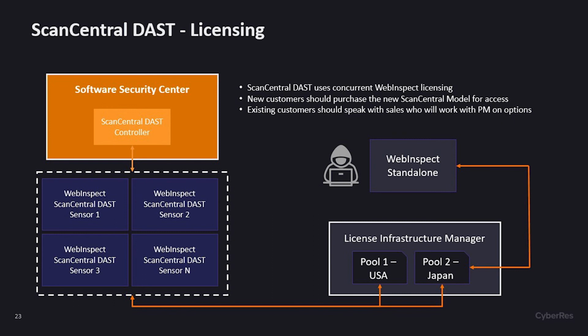You can be pulling a license from a license pool in the LIM, as well as the SSC integrated orchestration platform. Basically, it's a flattening of the license pool. So there's no more of this, hey, I've got WebInspect Enterprise, I've got to do this thing, but I can't do it because I can only do it in WebInspect. Artificially limiting the licensing has always been a pain point for users in the past, so this solves that.